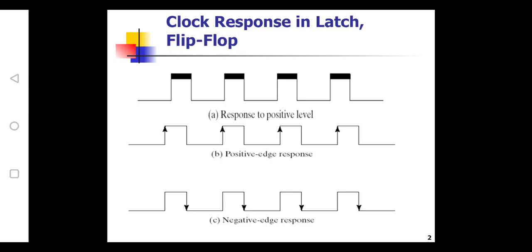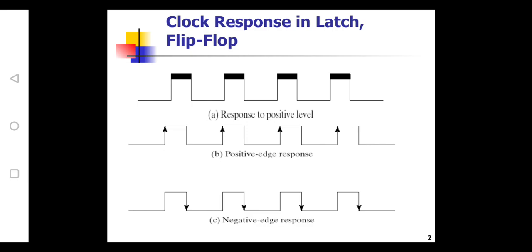But in this figure, we have shown only the positive level. The dark lines of figure A represent a positive level, meaning the wave is changing from 0 to 1. Similarly, a negative level represents a change from 1 to 0, where the output changes at the low level. In case of a latch, the output changes whenever there is a change in the corresponding level of triggering.